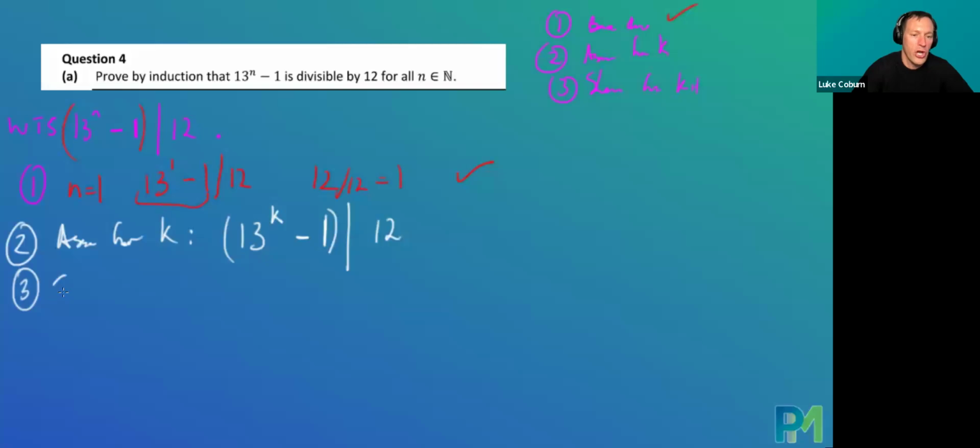Okay, so now we're going to show for k plus 1. Let's start working on the left-hand side.